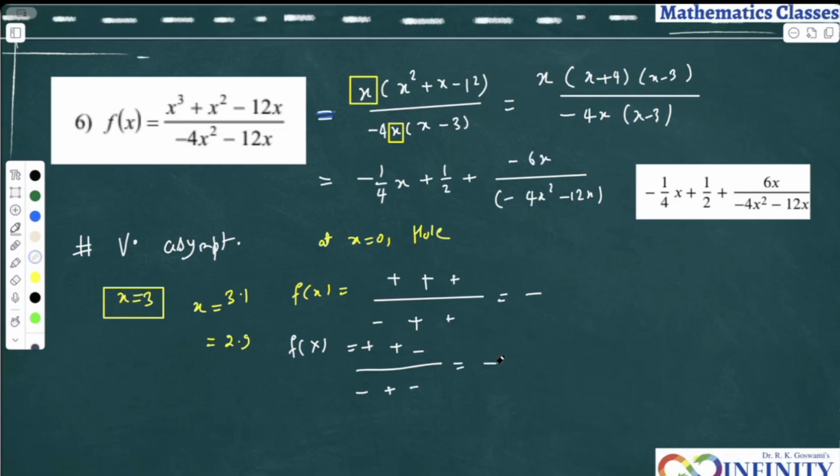Okay. Let me just check the values. Give me a second so that there should not be any confusion. Y equals x cube plus x square minus 12x divided by negative 4x cube minus 12x. Yes, and x equals 3 is going to be a vertical asymptote.